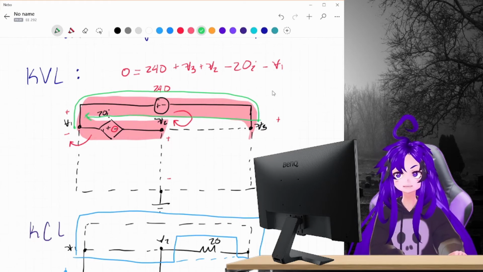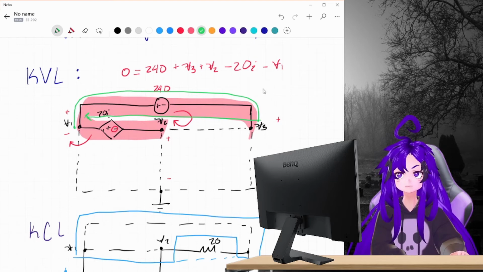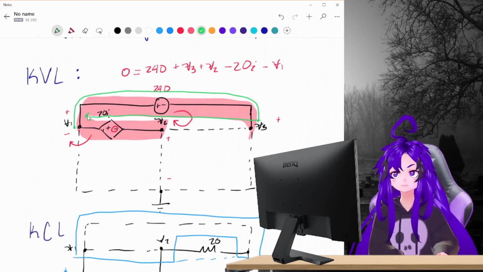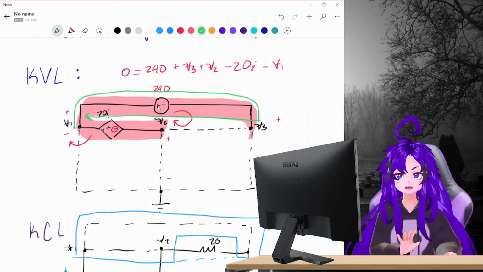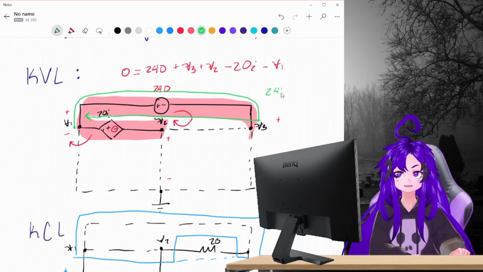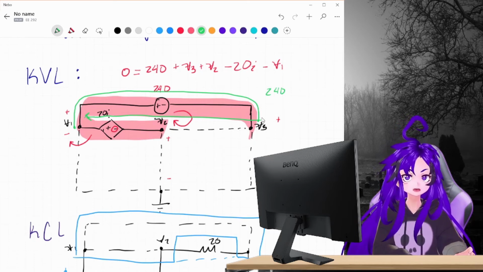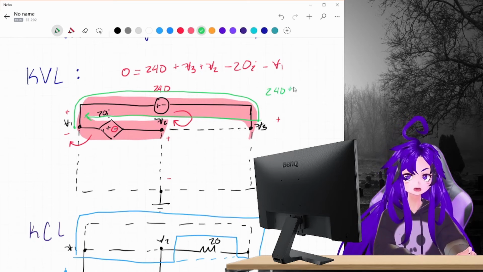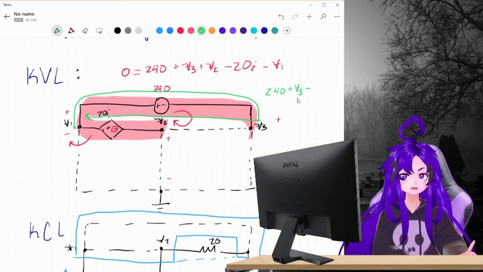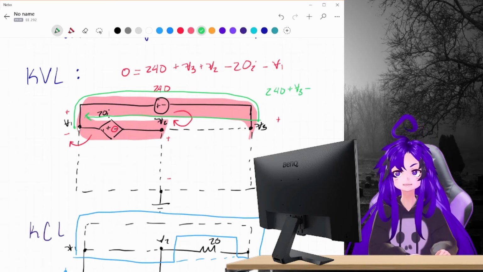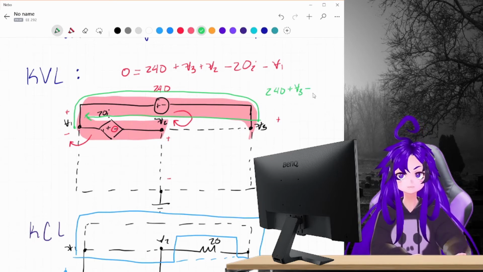So that loop is going to be, following the same convention, it's going to come into this 240, so it's going to be positive 240, into the positive side of V3, so plus V3, and then minus V1, because it's going into the negative side of V1.